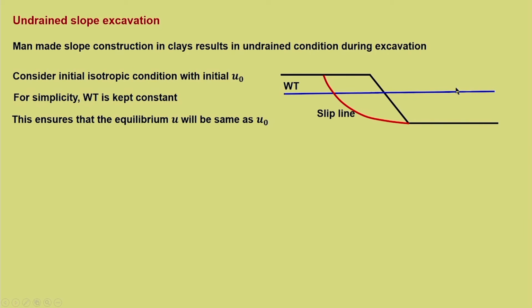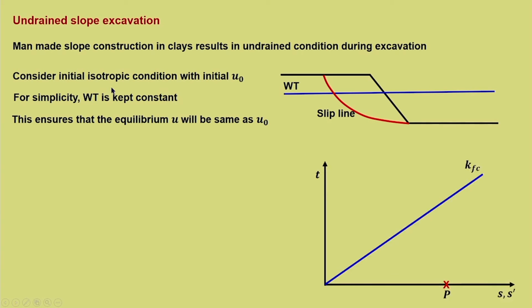So we are considering water table to be constant, and hence the equilibrium pore water pressure after excavation, there will be change in pore water pressure, and again this pore water pressure reaches an equilibrium value. Now if you consider water table to be same, then after equilibrium whatever pore water pressure it attains will be same as the initial pore water pressure, because the height of the water table is not changing.